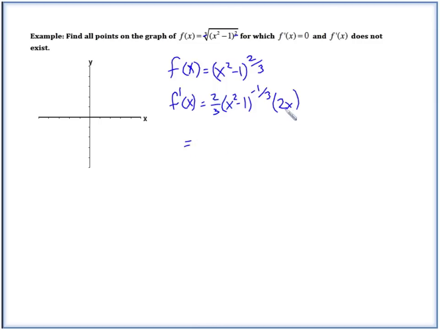So we have 2 times 2x will be 4x. And then here's the 3. And our negative 1/3, we're going to flip this underneath. And the 1/3 power is the same as a cube root. So now we get x squared minus 1. Okay, so here is our derivative. And the question is, where does this derivative equal 0?